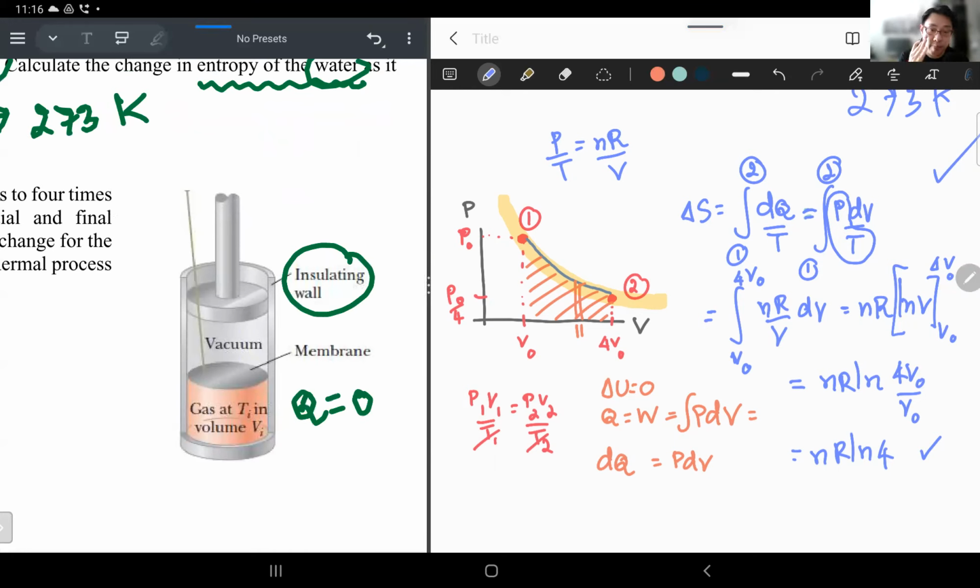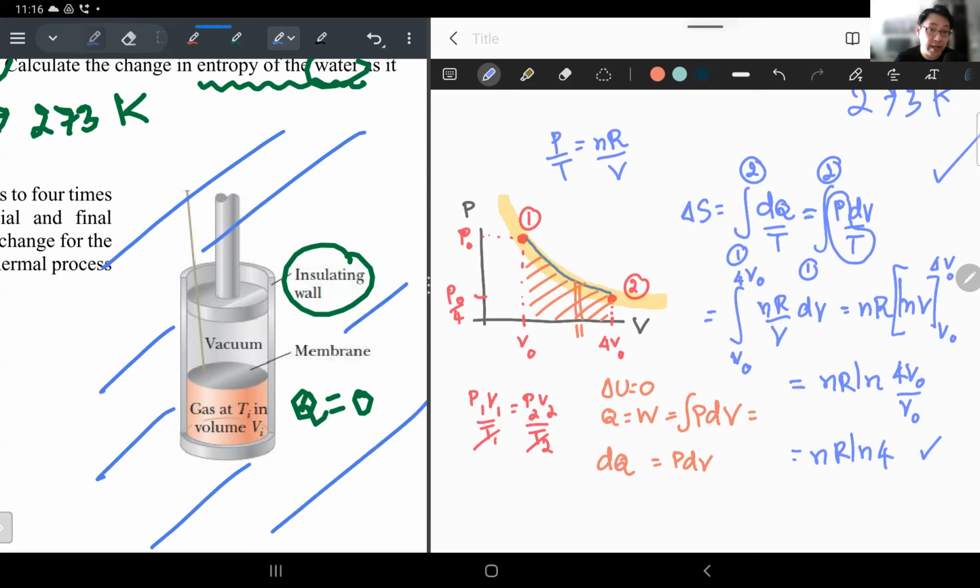So your environment doesn't feel a thing. There's no heat entering the environment, so the entropy change of the environment is 0. The only thing that is changing is the system itself.